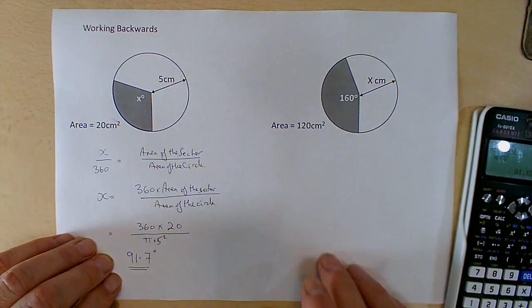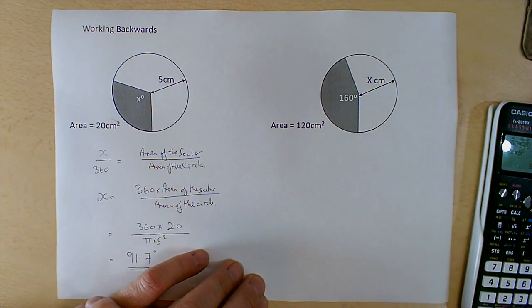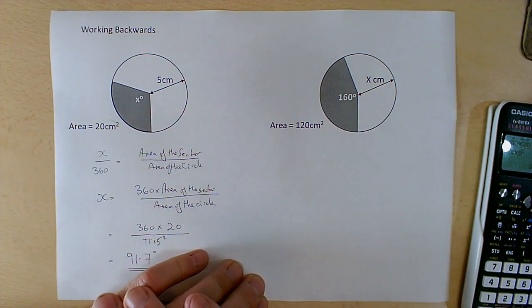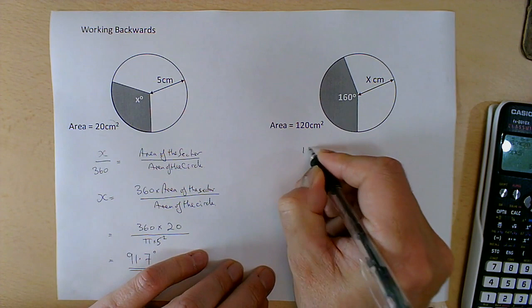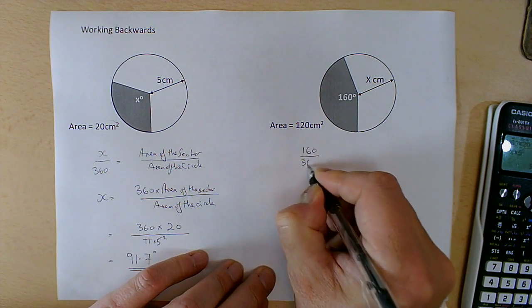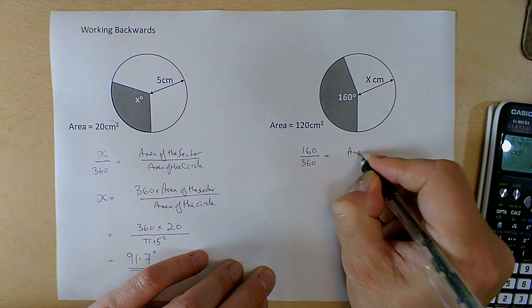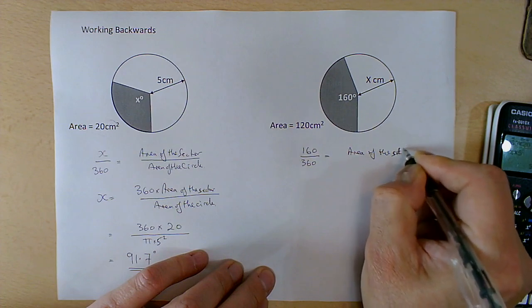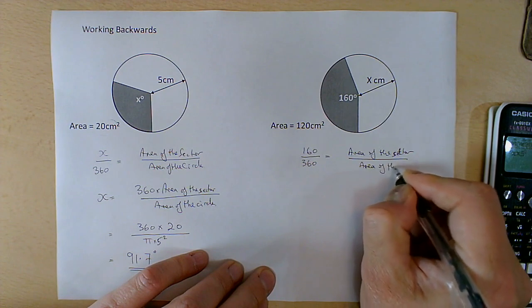The second example here, we're given the area of the sector again, and this time we are given the angle, but we're not given the radius of the circle, so we've got a different thing missing. So in this case we've got the angle over 360, and that again still equals the area of the sector divided by the area of the circle.